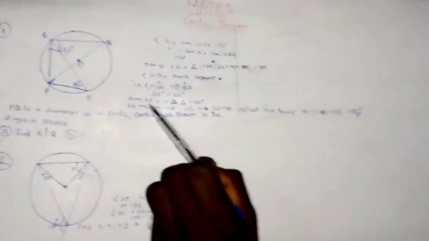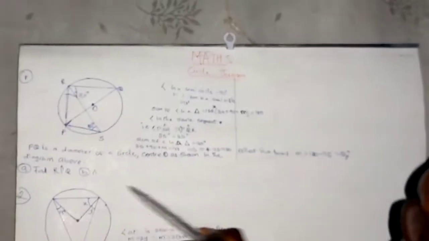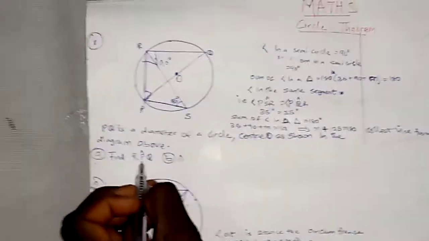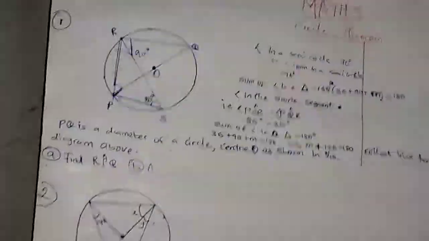So the question asks us to find angle RPQ. That is this angle, the middle angle. Now for us to look for the angle, we have to solve it.